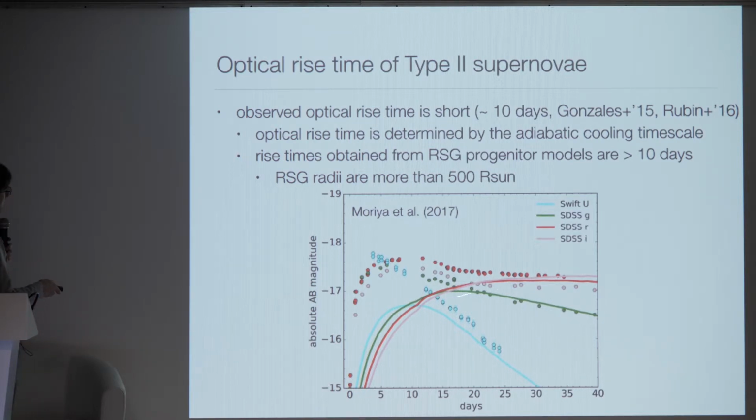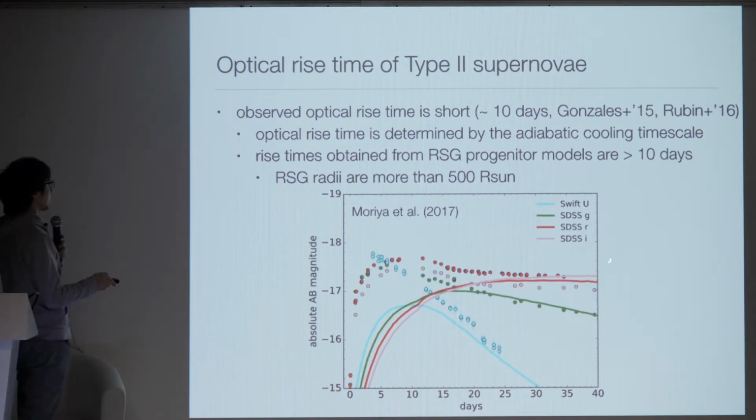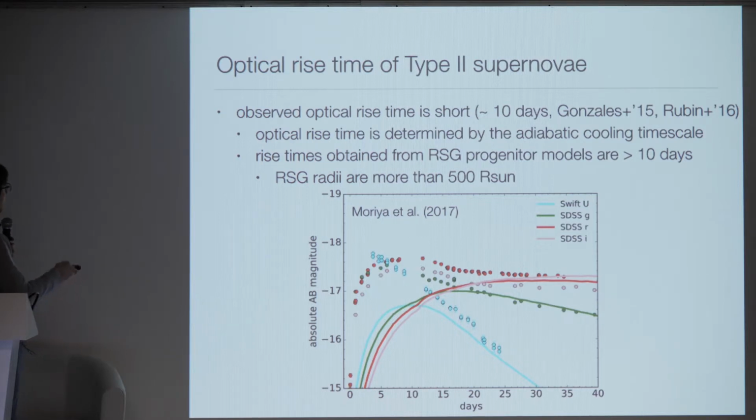Depending on the bands, but let's say R band, G band, it takes more than 10 days. But it has been realized around 5 years ago, I'm showing one example, but usually type 2 supernovae rise in 10 days or less, and most of the theoretical models predict the rise time for type 2 supernovae should be much longer than that.